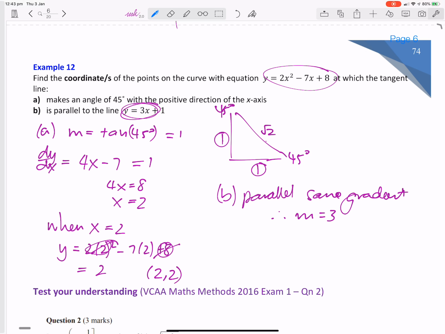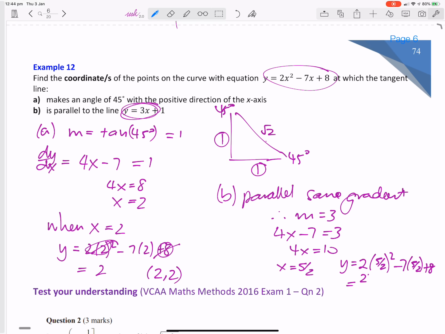So now we do the same thing. 4x minus 7 is equal to 3. 4x is equal to 10. x is equal to 5 on 2. Then we sub that back into the equation. So y equals 2 times (5 on 2) squared minus 7 times 5 on 2 plus 8.